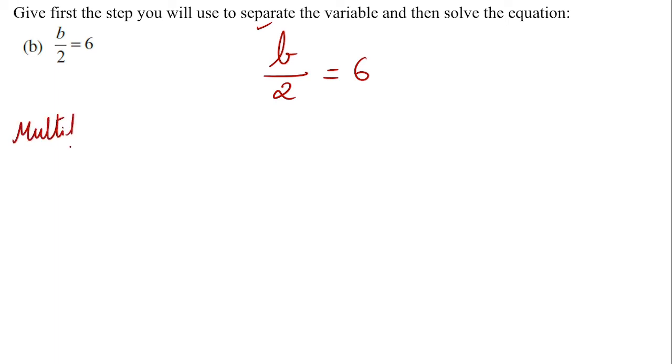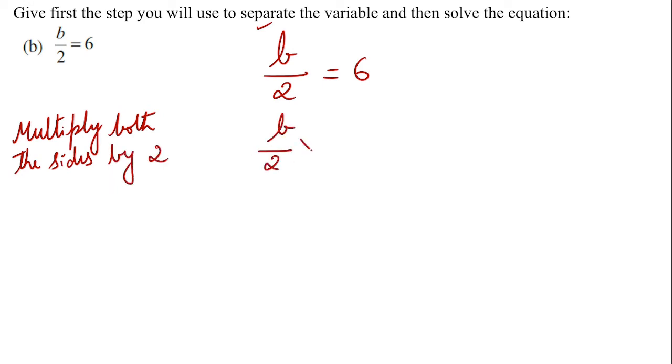Multiply both the sides of the equation by 2. So B divided by 2 into 2 is equal to 6 into 2. 2 ones are 2. So B remains is equal to 6 twos are 12.